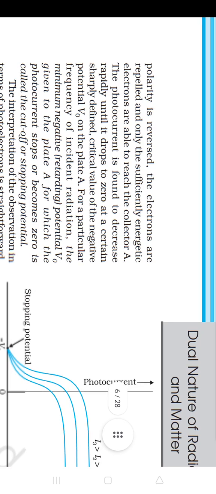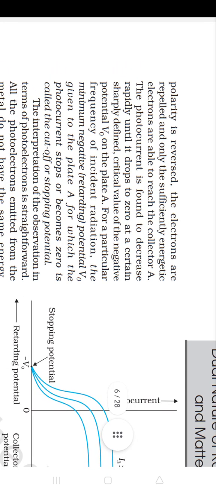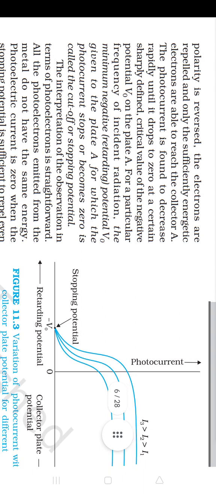When the polarity is reversed, the electrons are repelled and only the sufficiently energetic electrons are able to reach the collector A. The photocurrent is found to decrease rapidly until it drops to zero at a certain sharply defined critical value of the negative potential V0 on the plate A. For a particular frequency of incident radiation, the minimum negative retarding potential V0 given to plate A for which the photocurrent stops or becomes zero is called the cutoff or stopping potential.